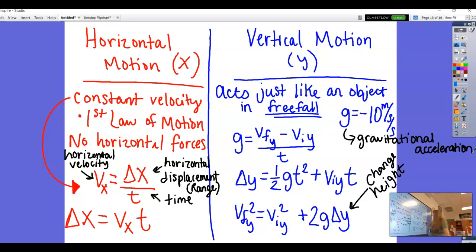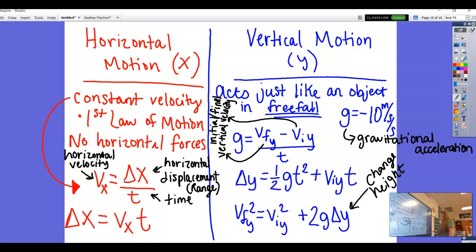Viy is our initial velocity in the vertical direction, initial vertical velocity. Vfy then is a final vertical velocity, and I'm just going to put a slash here for initial and final, those are initial and final speeds.